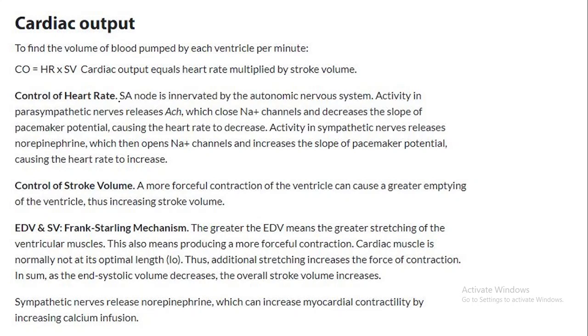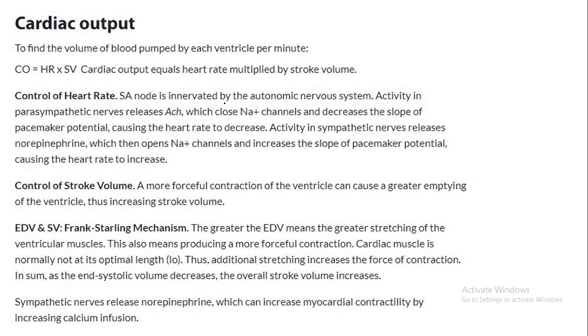Control of heart rate. The SA node is innervated by the autonomic nervous system. Activity in parasympathetic nerves releases ACh, acetylcholine, which closes the sodium channels and decreases the slope of the pacemaker potential, causing the heart rate to decrease.